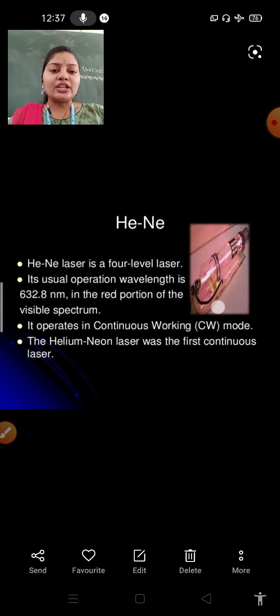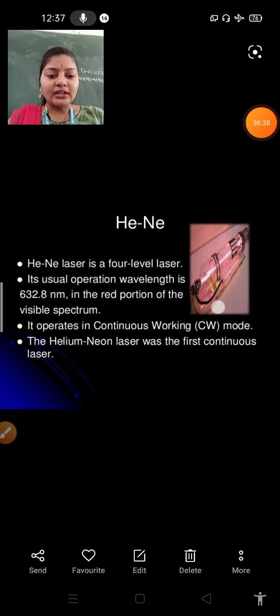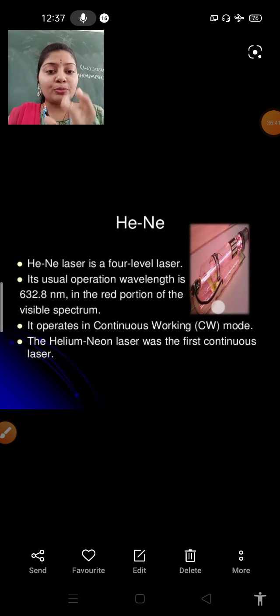The helium neon ratio is 10:1. The tube consists of a gas mixture under pressure, in the 10:1 ratio. Next, it gives the output in continuous mode. But in the case of ruby laser, we have seen that the output is a pulsed wavelength.